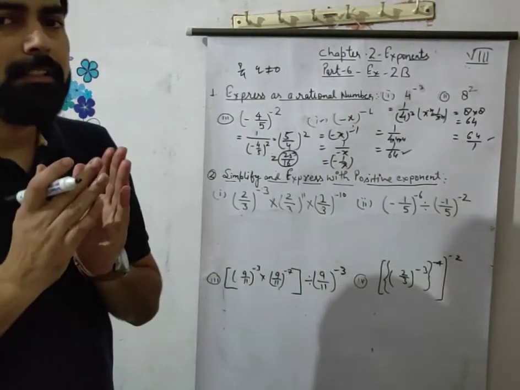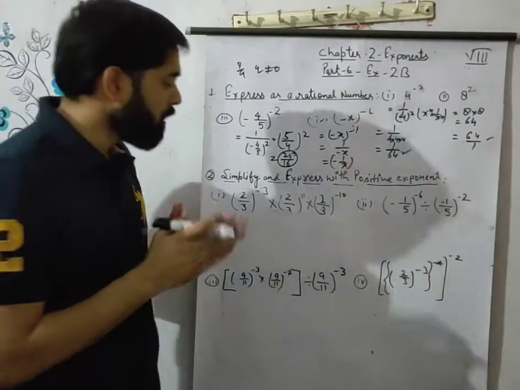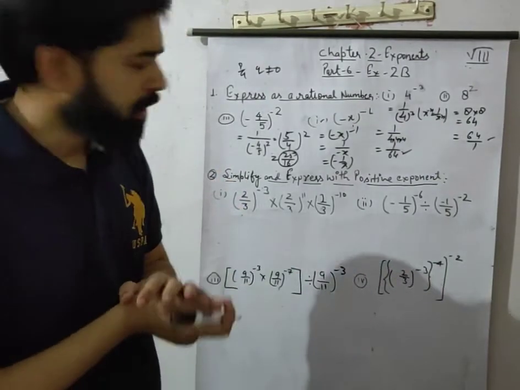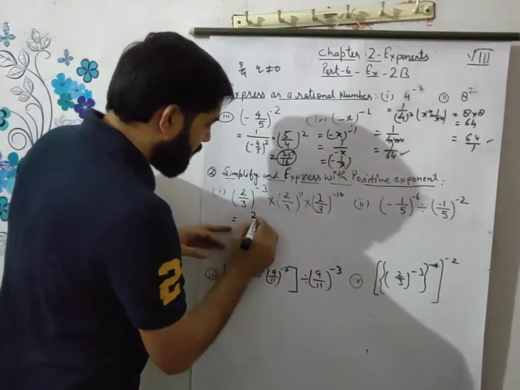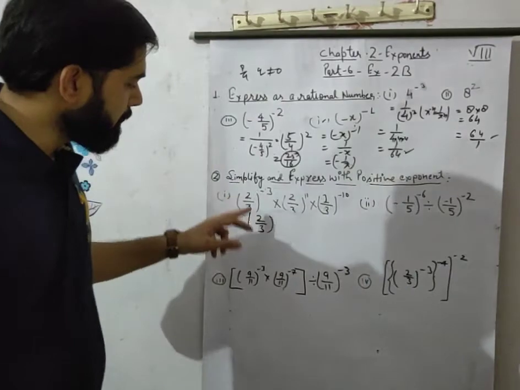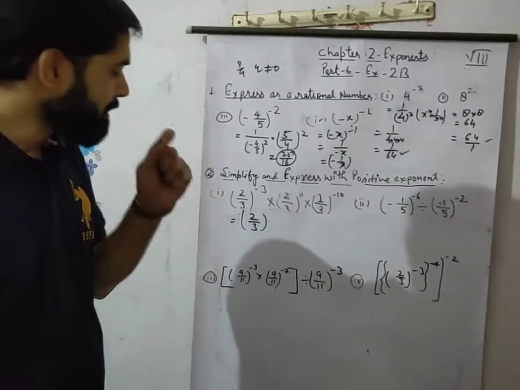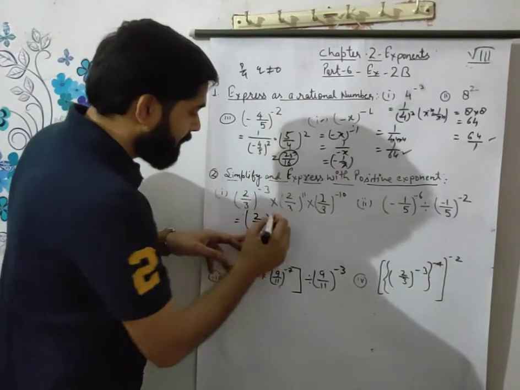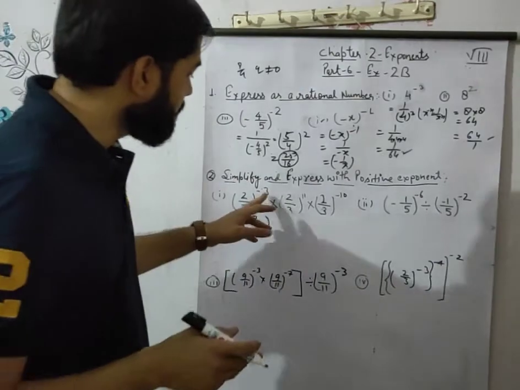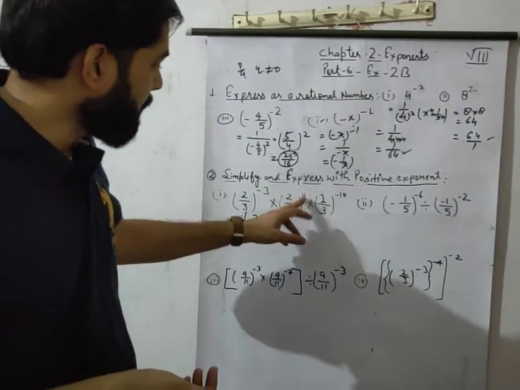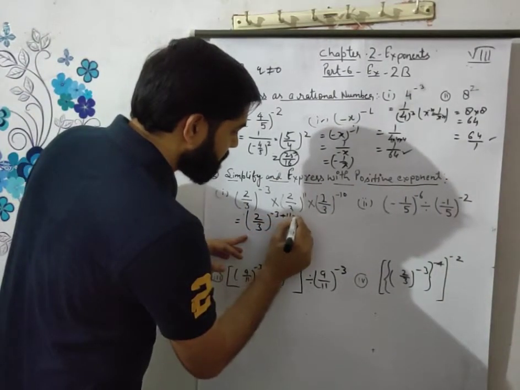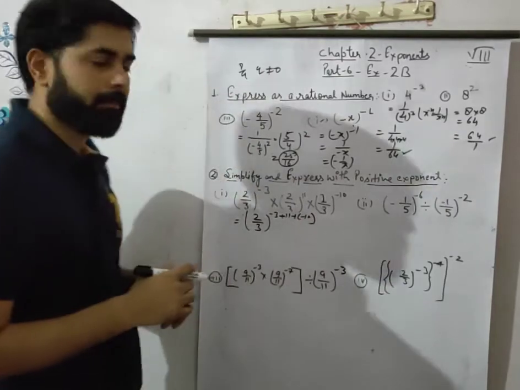So we can apply the first rule. What is the first rule? Multiplying powers with the same base, we add the powers. So we write the base 2 upon 3 the same, and the power is minus 3 plus 11 plus minus 10, written in a bracket.